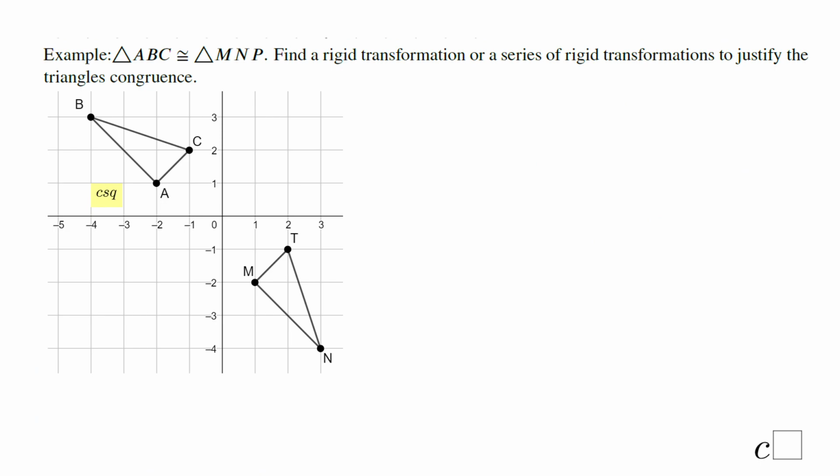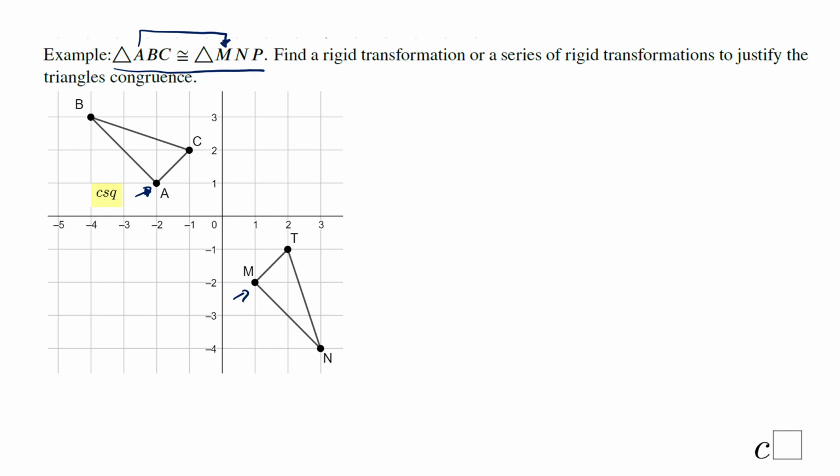And the last problem in this lesson is very similar to the other one, and in this case you're going to see there are multiple ways to prove triangle congruence, as I said. Okay, triangle ABC congruent with triangle MNT. So again, you take a look, how can I get from this position of A to this position of M, since A and M are matched?